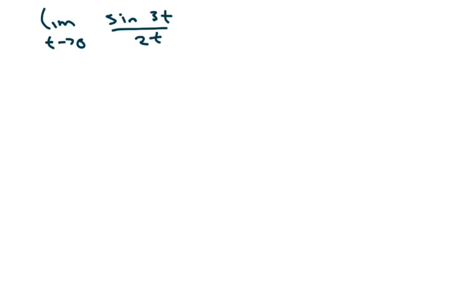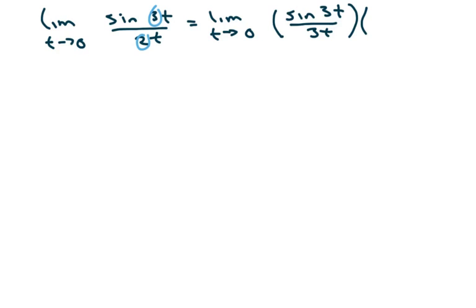Now, this is like the first one we did, but we can also write it as the limit as t approaches 0 of sine of 3t over 3t, and then pulling out the 3/2 here, if you want to do it that way. And this, we know, is 1. So this is going to be 1 times 3/2, which equals 3/2.